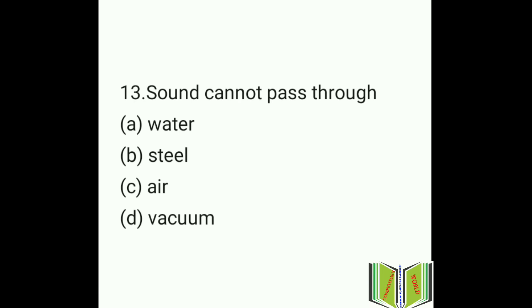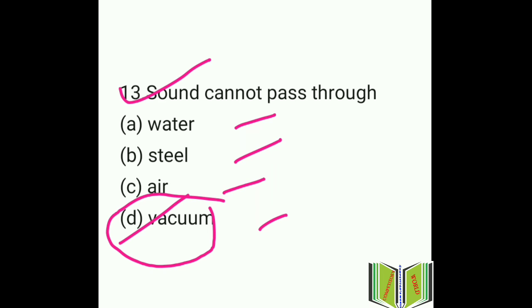Move on to the next question, question number 13. Sound cannot pass through. This is a very important question. Option A water, option B steel, option C air, and option D vacuum. So what is the answer? Here the answer will be vacuum. Just remember this answer. Why can sound not propagate in a vacuum? Because sound always needs a medium to propagate. A medium is very much essential for sound to propagate.